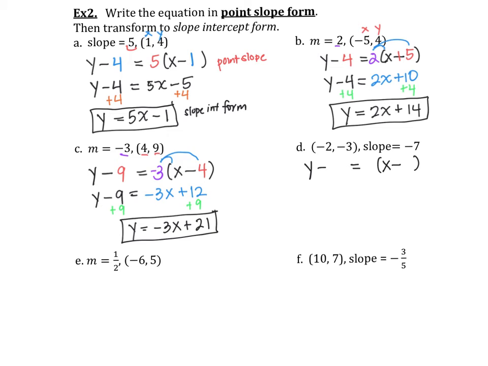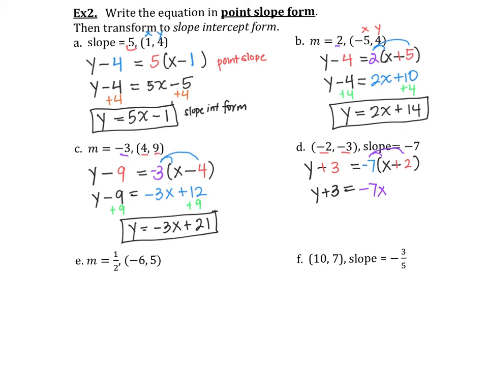We've got lots of signs on this one. Let's see. X is negative 2, so minus negative is plus 2. Y is negative 3, so y minus negative 3 is y plus 3. Slope is negative 7. When I distribute, that's negative 7x.